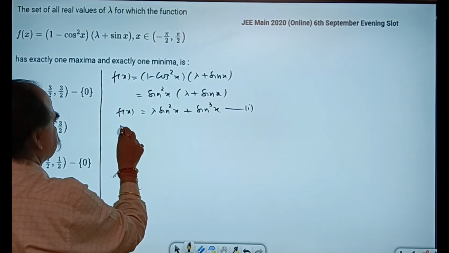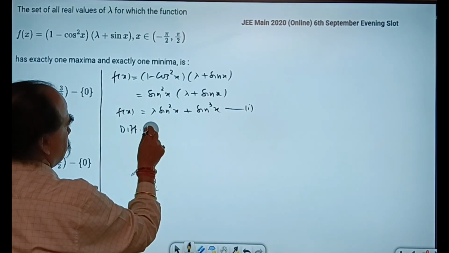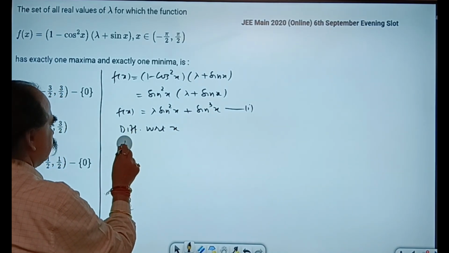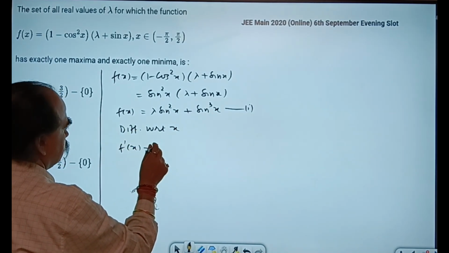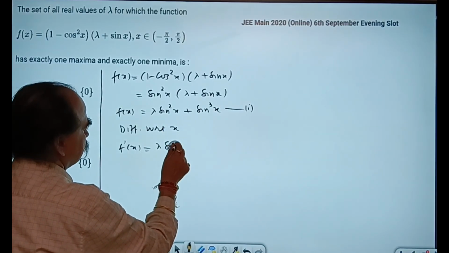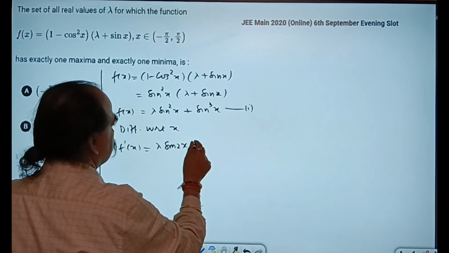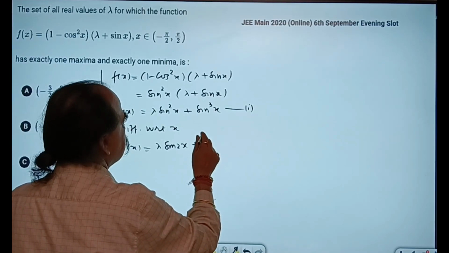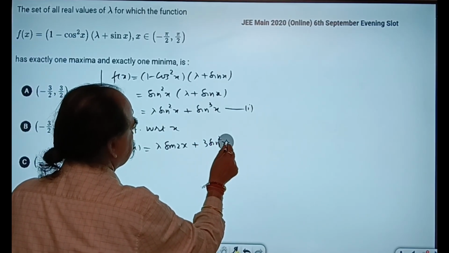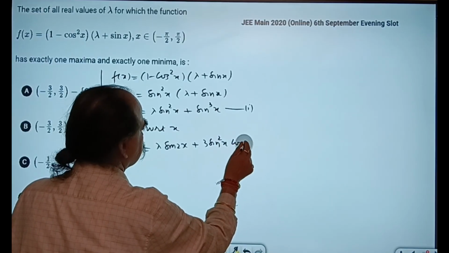Differentiating with respect to x, f dash x is lambda, derivative of sin square is sin 2x, plus 3 sin square x into cos x.